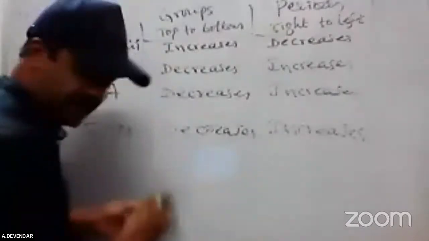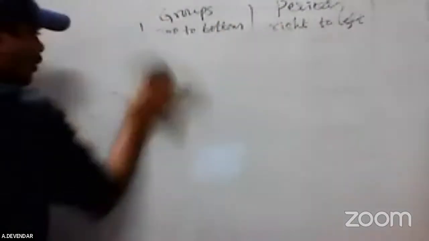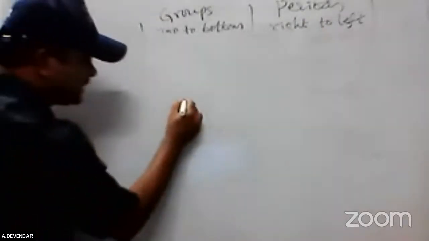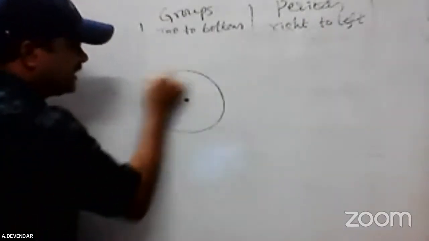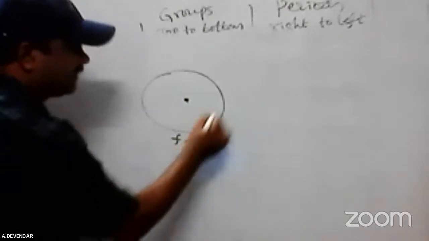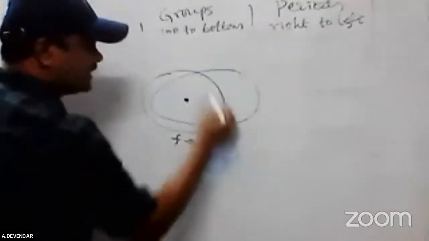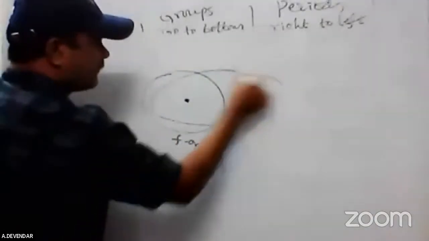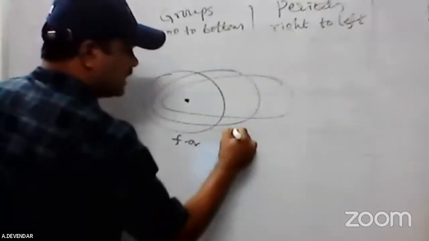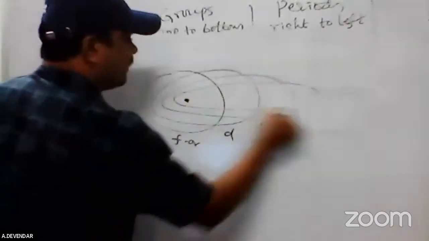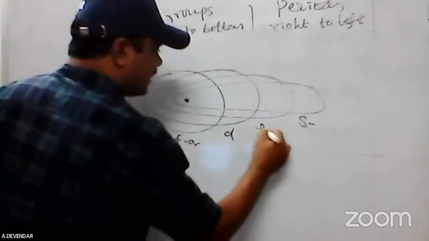Penetrating power. I can explain penetrating power with the help of the S orbital, which has the most penetrating power. This is the nucleus. Here, this is called the F orbital, this is the D orbital, this is the P orbital, and this is the S orbital.